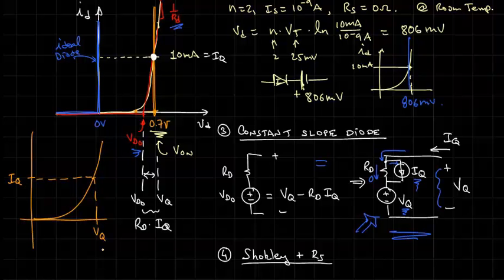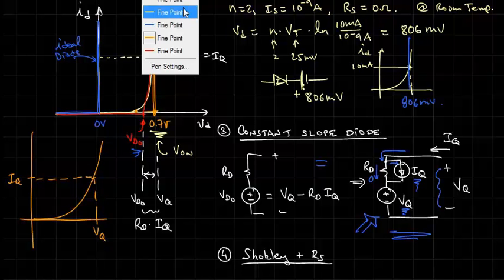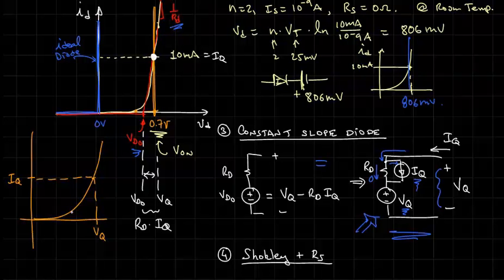So here's the operating point. Now this is the nominal value where the circuit is going to operate. But let's say that your circuit is going to operate over some range, maybe from here all the way up to here.